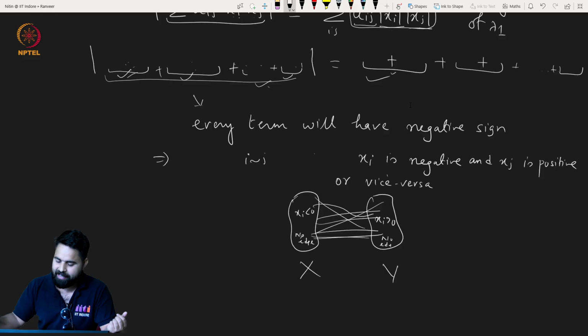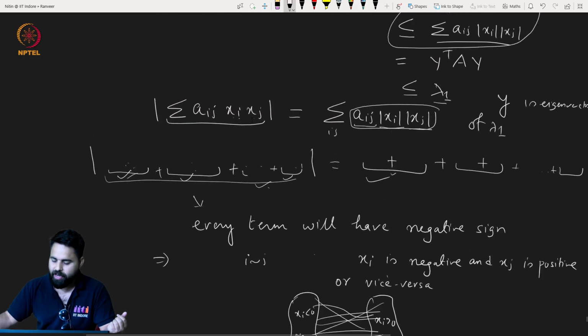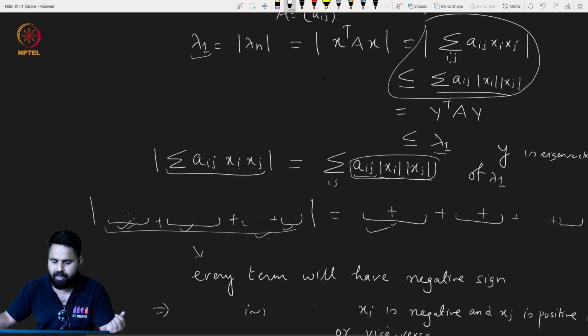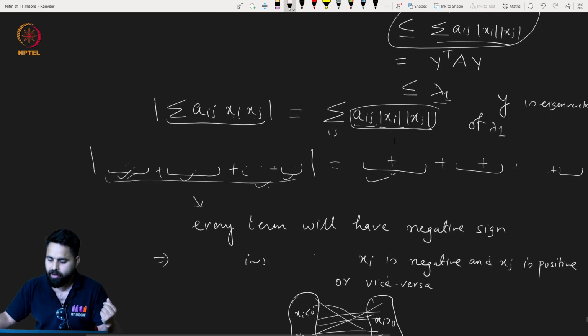Okay, so let me revise quickly what we have done. I hope till here it is pretty much simple, right? Lambda 1 equal to lambda 1 here, so this implies that everywhere there is equality, all these terms are positive, or all things are negative.